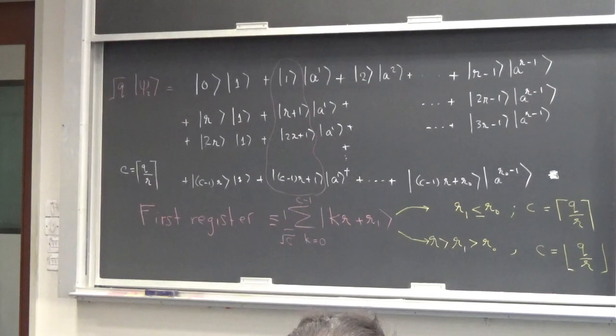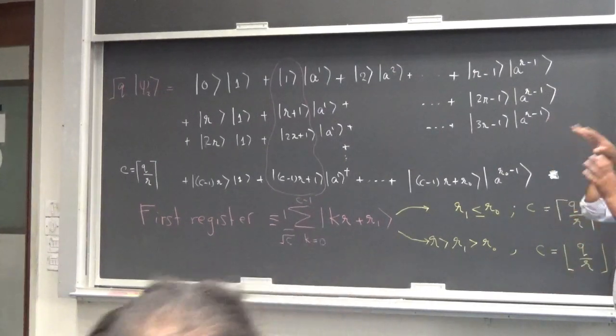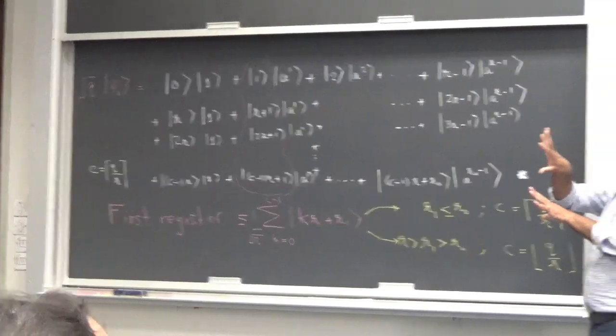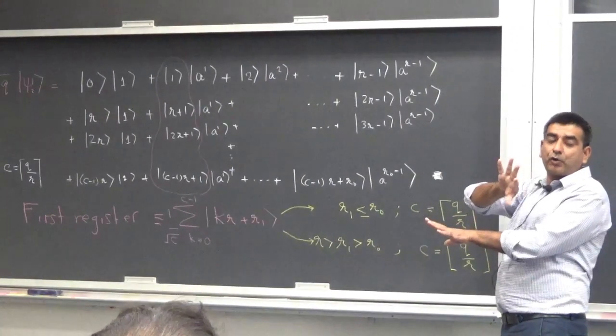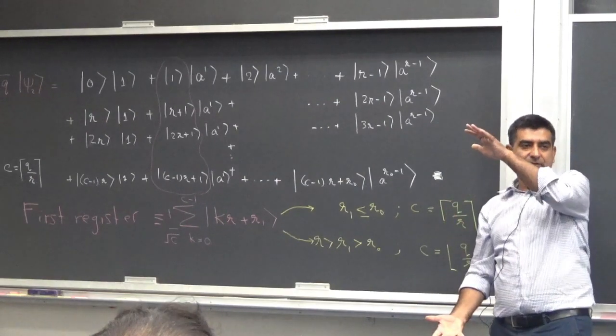That's the second register, isn't it? So I don't care about the second register any longer because I'm not going to do anything with it. It's separable, right? So the state is separable between the first and the second register, so I can look at one register independently from this point onwards. Before I had made a measurement, I had an entanglement.